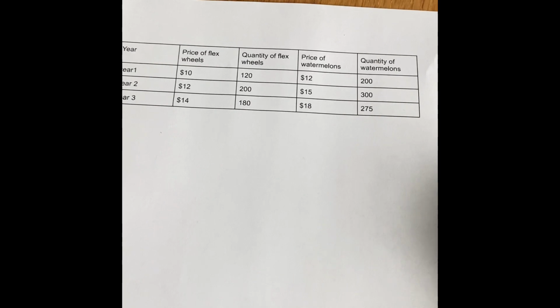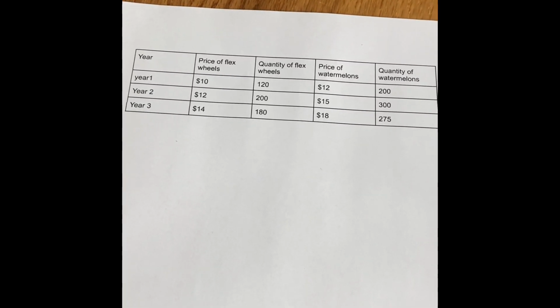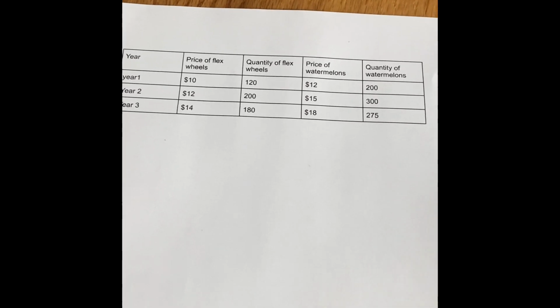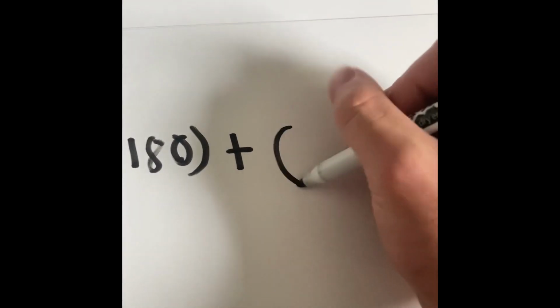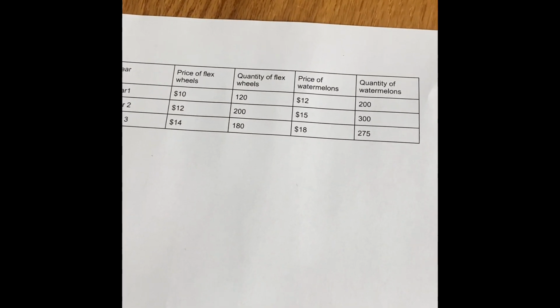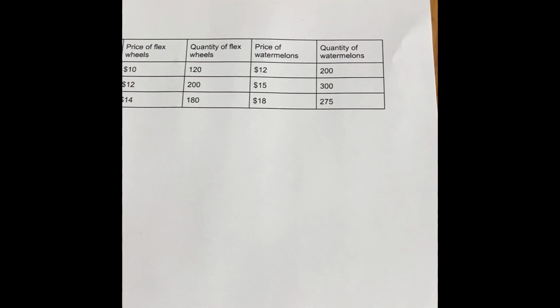And for year 3, which is going to be the most inflation, or things are inflating, here is how we're going to make it happen. 14 times 180 in parentheses, and we have to add that to 18 times 275.